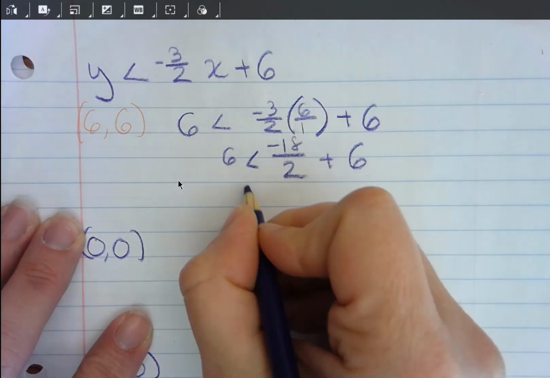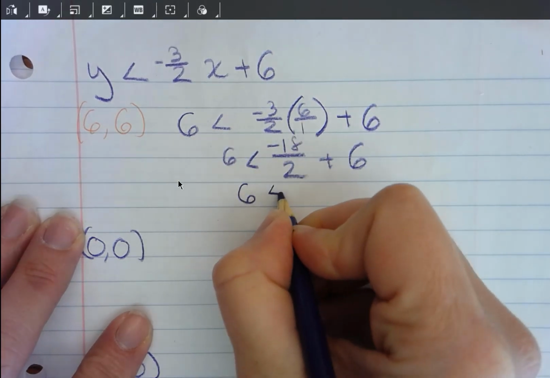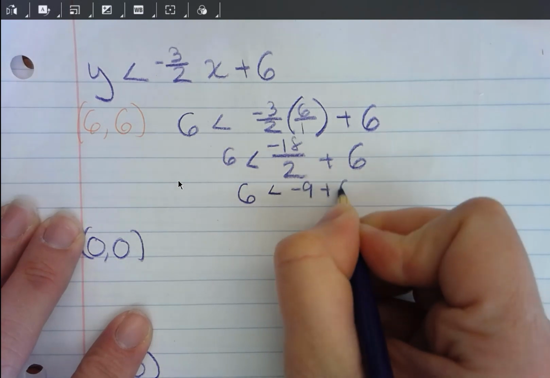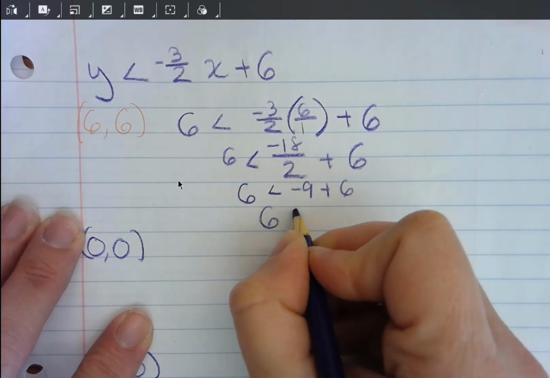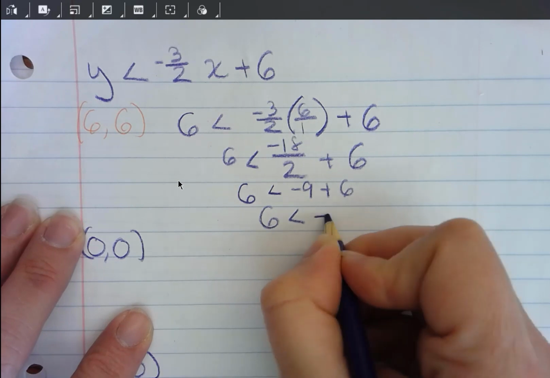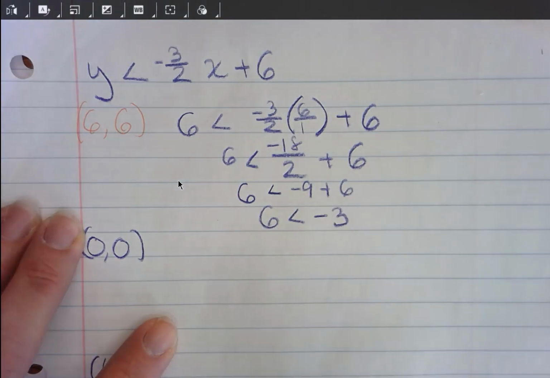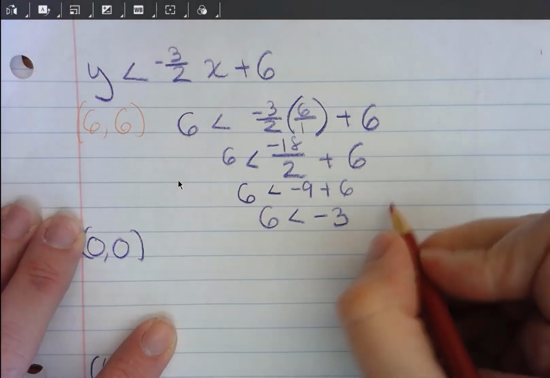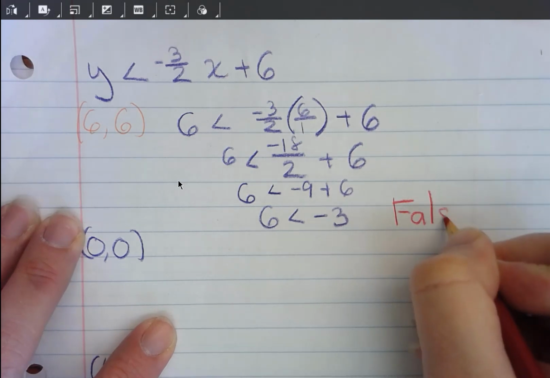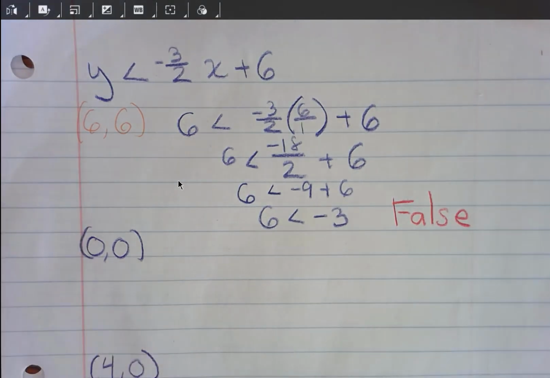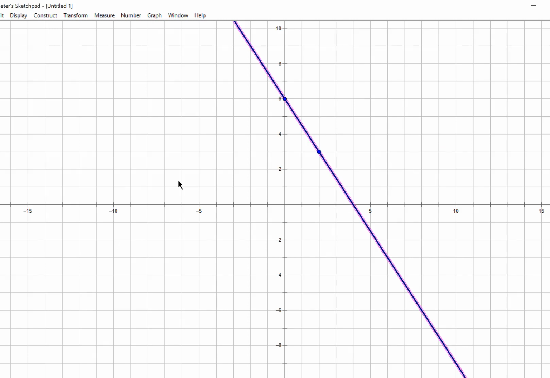So this would say 6 is less than negative 9 plus 6, and 6 is less than negative 3. Since this is a false statement, I know that this point is not located in my solution set.